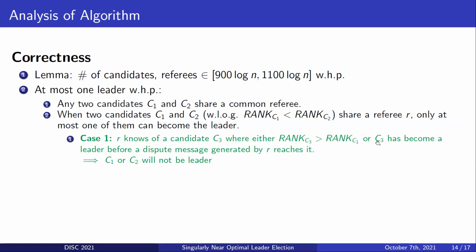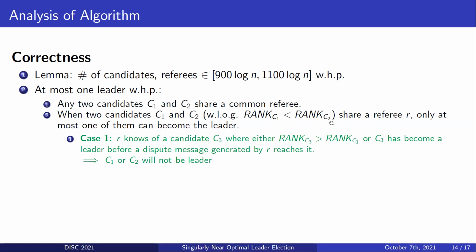Now, alternatively, it could be that C3 has become a leader before any dispute message generated by R reaches it. Thing is, if C3 has already become the leader, well, neither of these other two will become leaders, because C3 became a leader, R knew about C3, and if C1 comes, it's outright rejected.